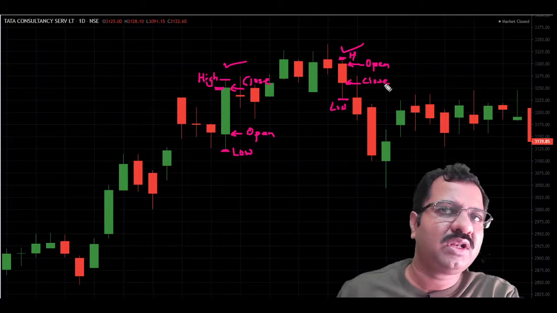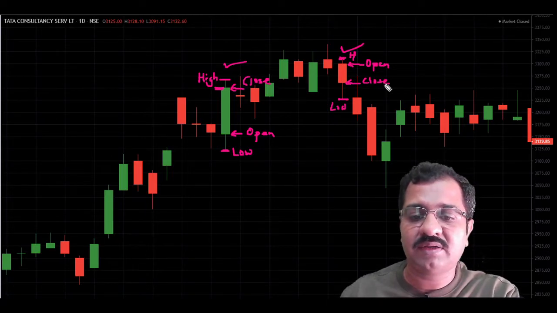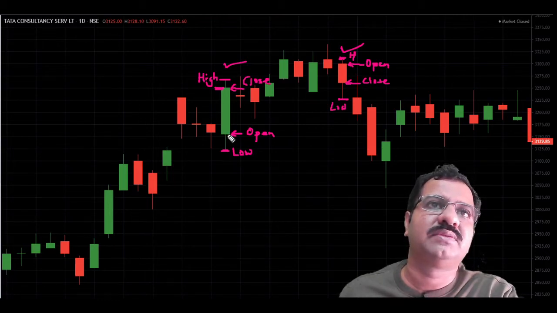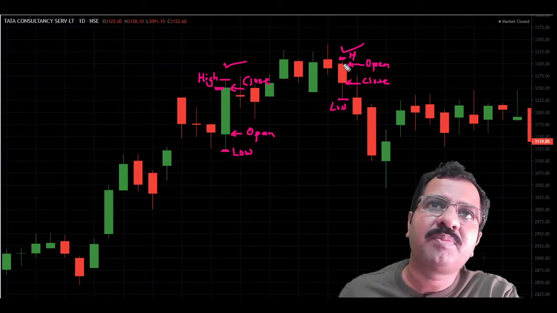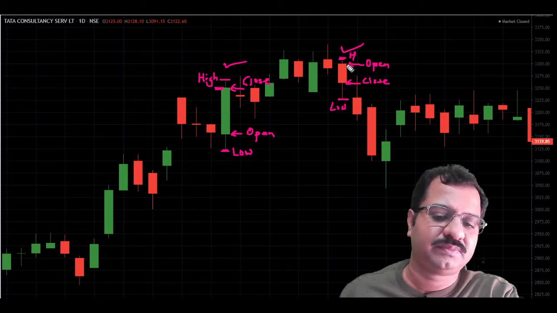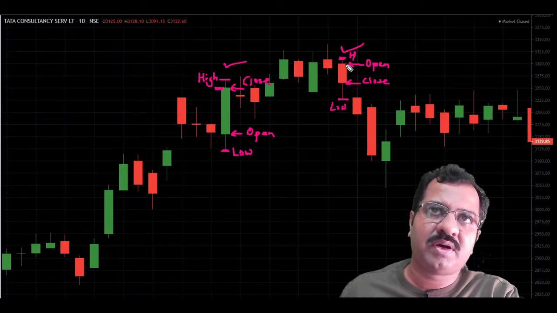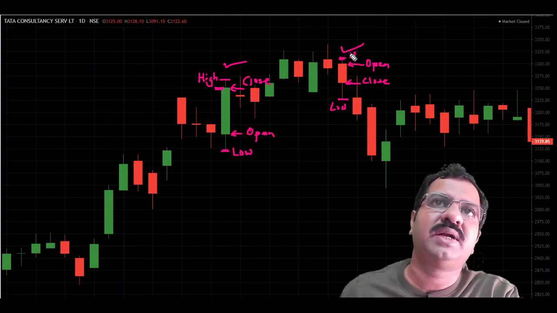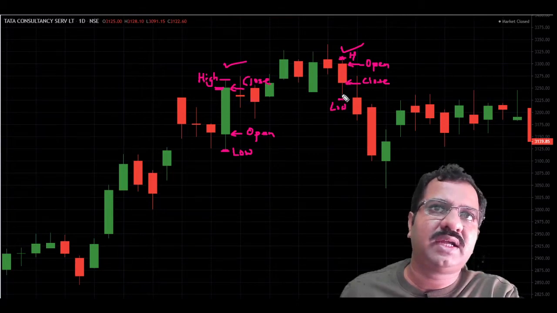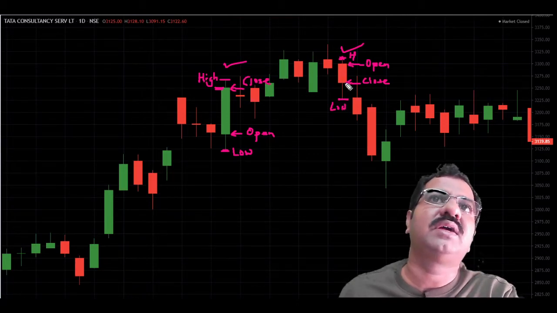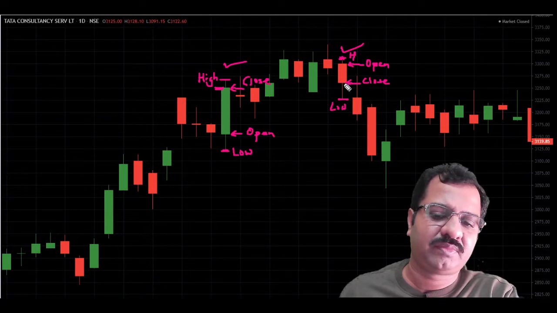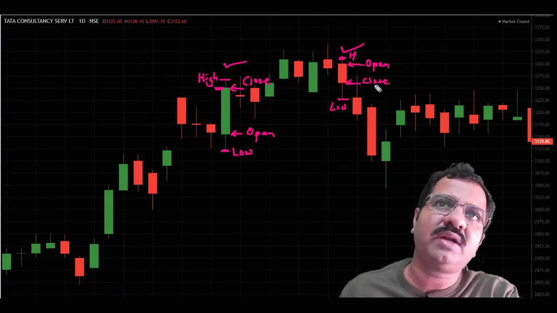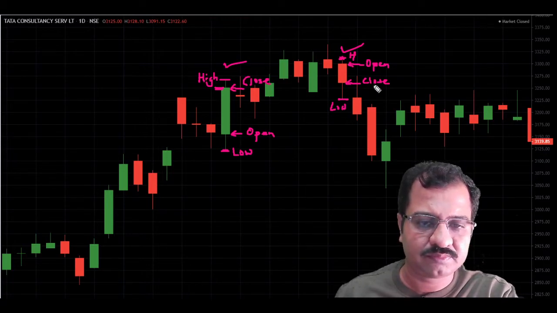See, there is only one difference in red and green candles. In green candles, this price was open. In red candle, the above price was open. Okay, so price of that stock opened here. It might went up and made this high, and then came down, made this low, but again went up and closed here. Overall, it is bearish day because price opened above and closed below.